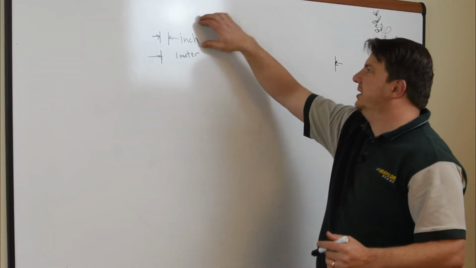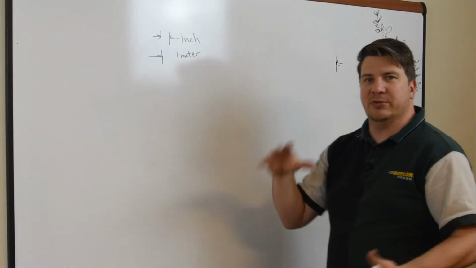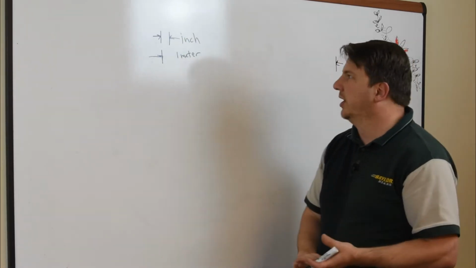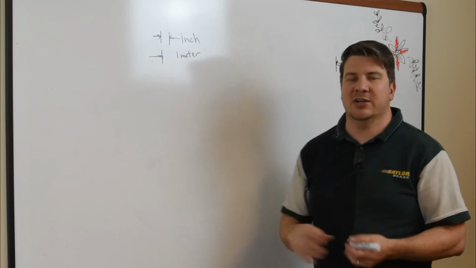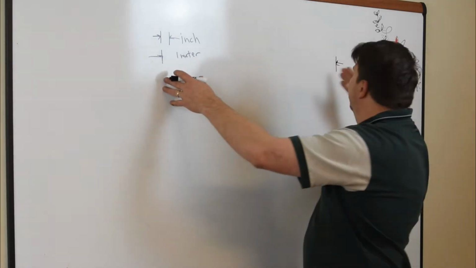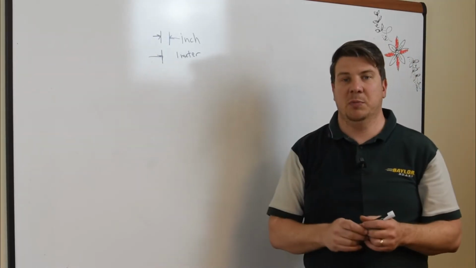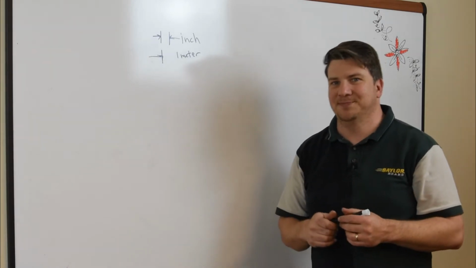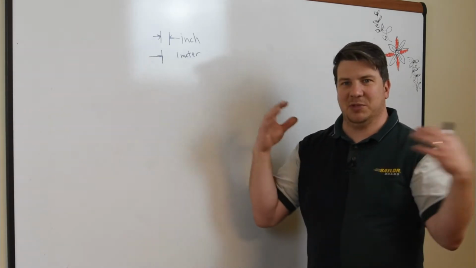In designing things, I'm dealing with a 12 by 12 tube or something of that nature. It doesn't make sense to already start by saying my tube is 1/3 of a meter. That just doesn't compute.